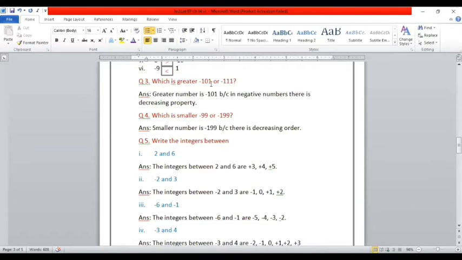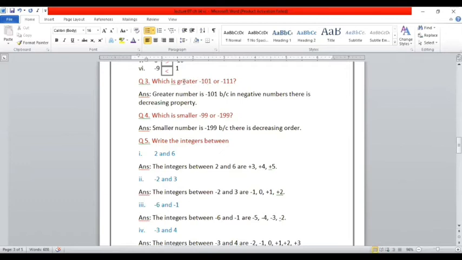Here -101 or -111. So these numbers have the property of decreasing. Here -111 is smaller than -101.